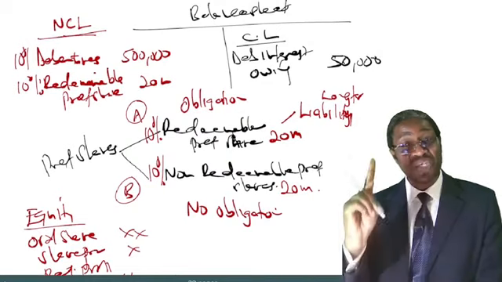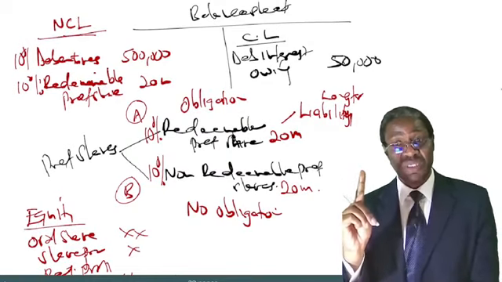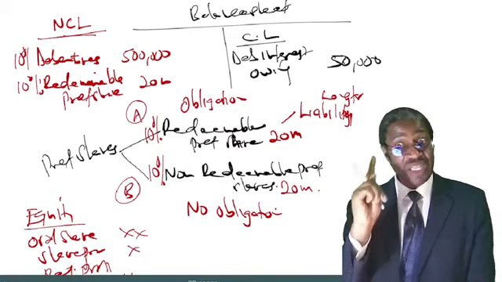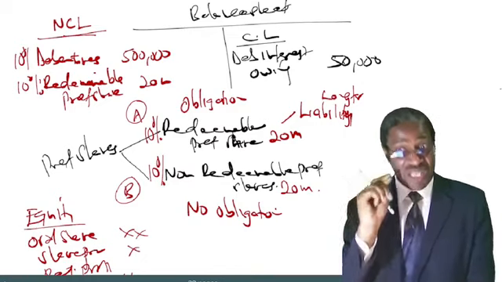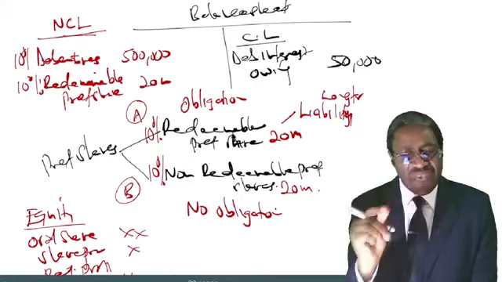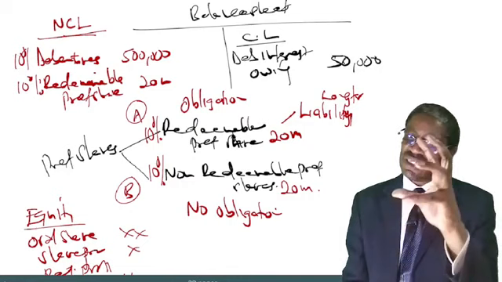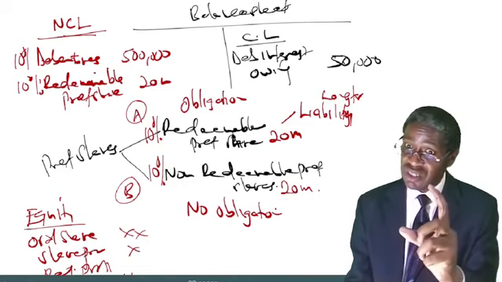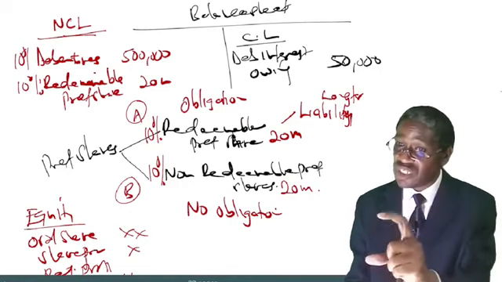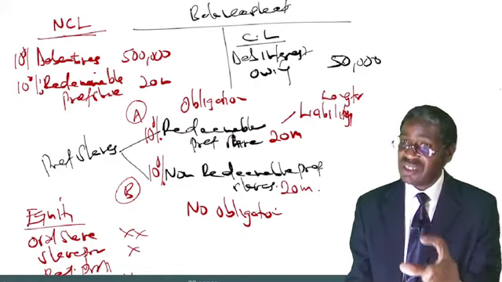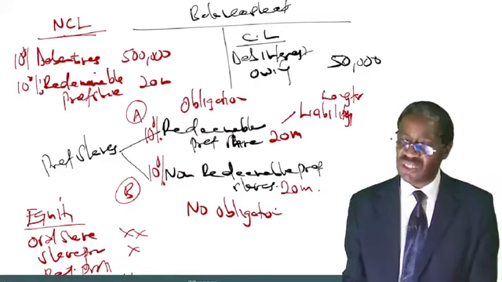So I've just talked about one key difference in the treatment of these two preference shares in the balance sheet. If you find out from the question that your company has in their trial balance a redeemable preference share, then when you are preparing the balance sheet, don't take it as part of equity.